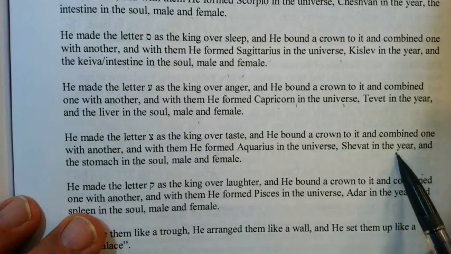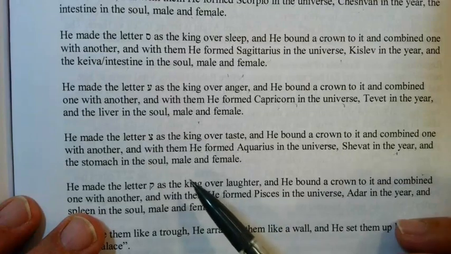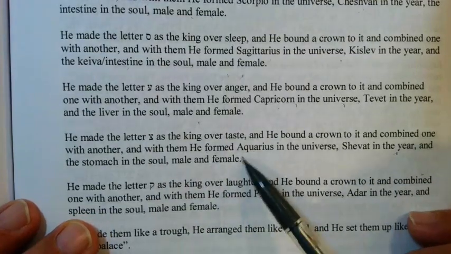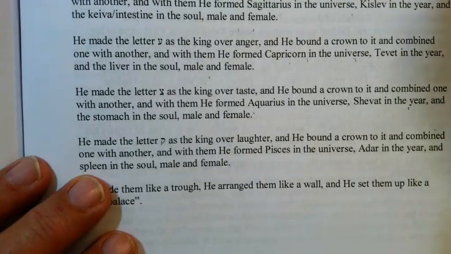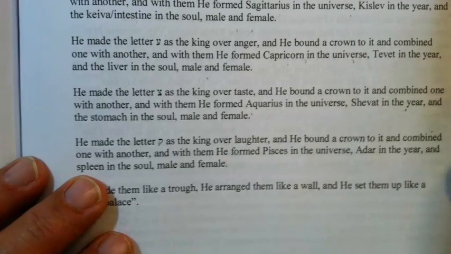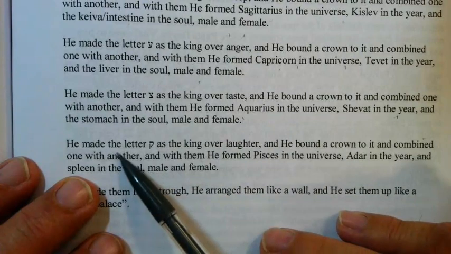Now we're getting into the end of January, February, which is Aquarius, and the stomach in the soul, male and female. And when I say that, I'm talking about the concept of the time of the year, which gives you an idea, a principle of what's happening in Aquarius. Aquarius, of course, is a spiritual concept and also planets.